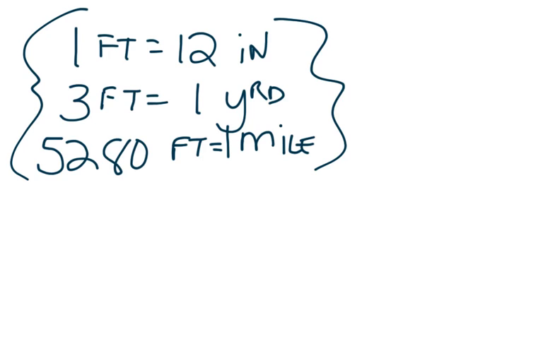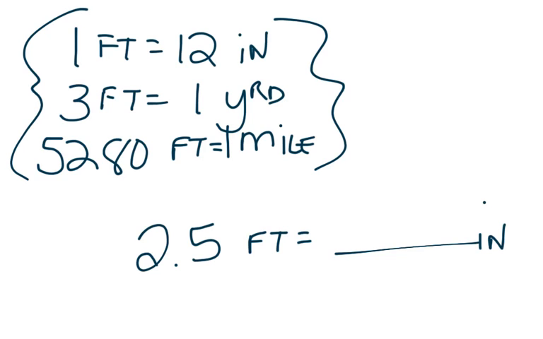For example, if I gave you 2.5 feet, and I asked you how many inches that is, a lot of you can kind of mathematically logic your way through that. You'd sit there in your head and say, okay, 2 feet, that's 24 inches, half a foot is 6 inches. Oh, okay, that's 30 inches. Piece of cake.